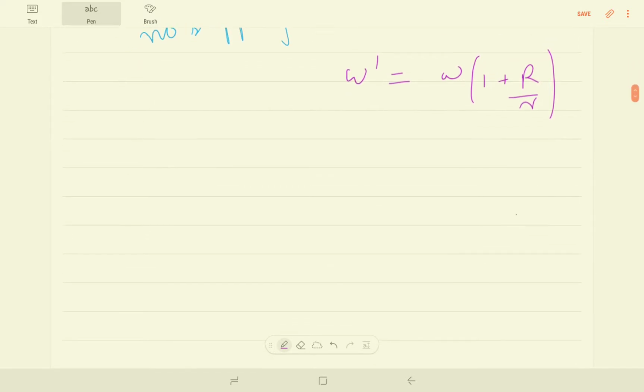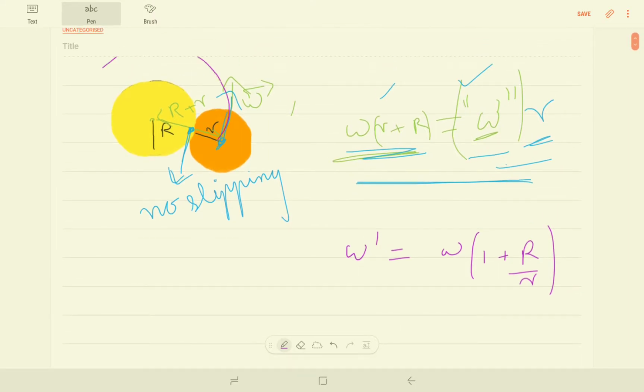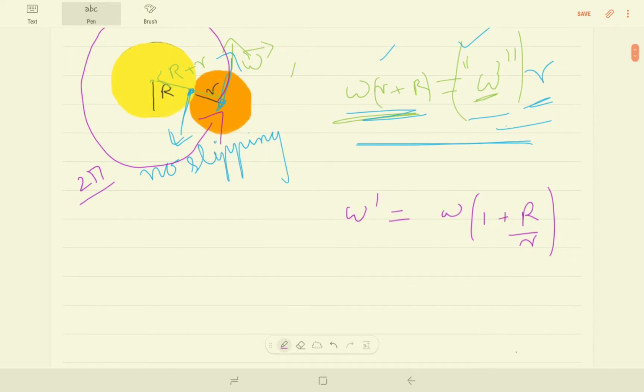When the center completes a full circle, it has traveled an angle of 2 pi radians. And to travel through 2 pi radians would mean a time of 2 pi by omega.